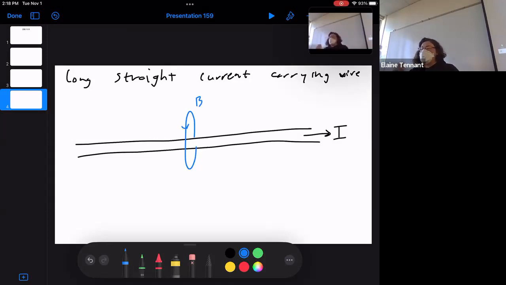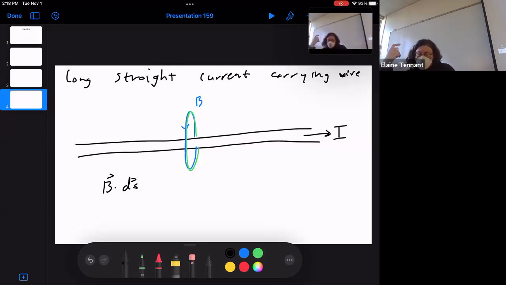When I choose my loop, I'm going to choose a loop that lays right on top of it. That is because when I do this B dot ds, I want this dot product to be easy. I don't want to have to figure out that there might be an angle between these two that changes, or that some parts of the loop contribute and some don't.